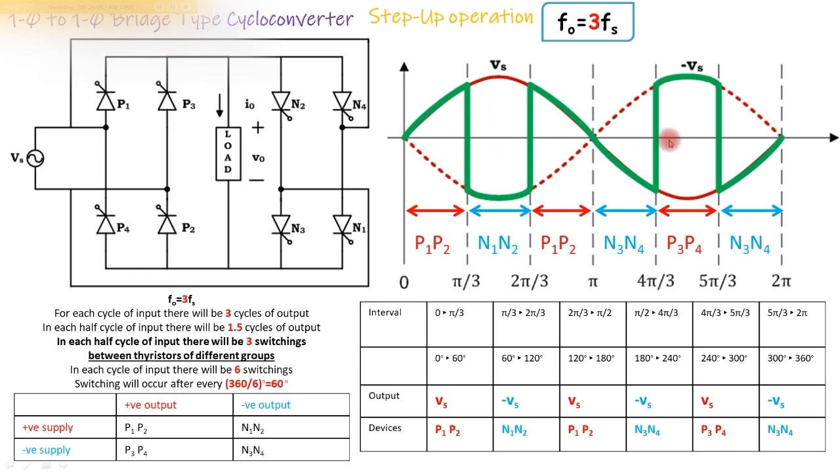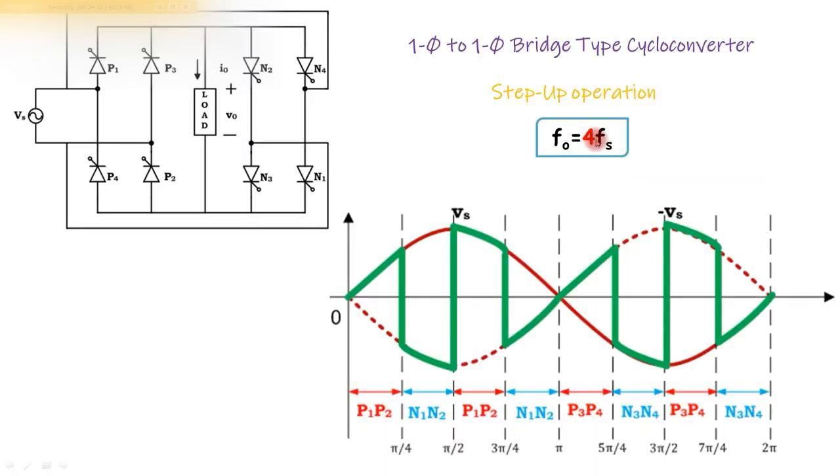So this is the output. Similarly, for obtaining 4 times the supply frequency, that is the output is 4 times the input, we will have a total number of switchings as 8. For 4 times the input, there will be 4 switchings in each half cycle, and 8 switchings in total, each at an interval of 360 degrees divided by 8, that is 45 degrees.